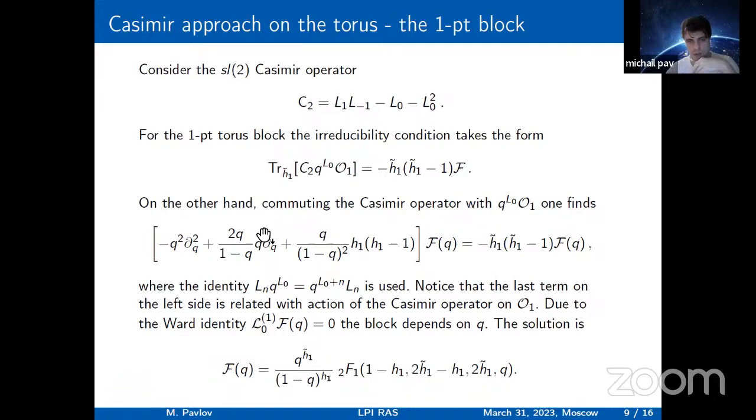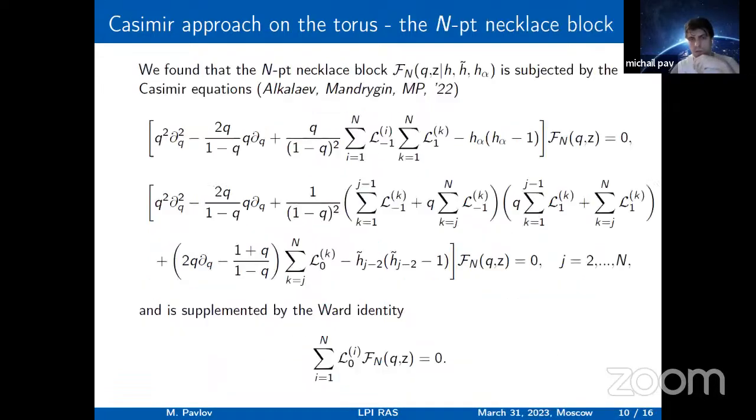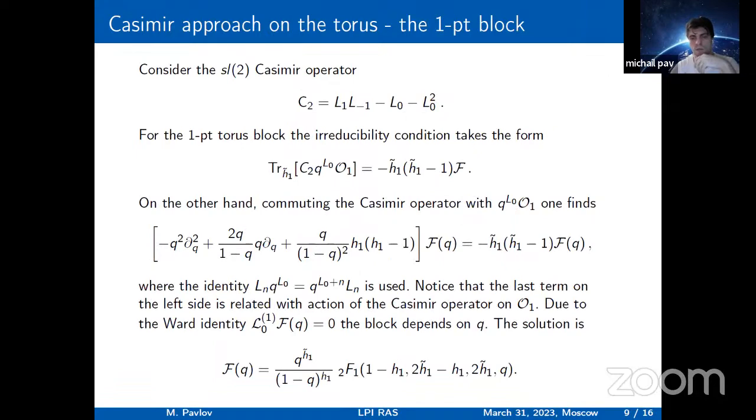So here we have this, and then we apply this technique to necklace blocks. In the 1-point torus block, there is only one opportunity to insert this Casimir operator. We can insert it only here because it acts on the brackets in this trace.